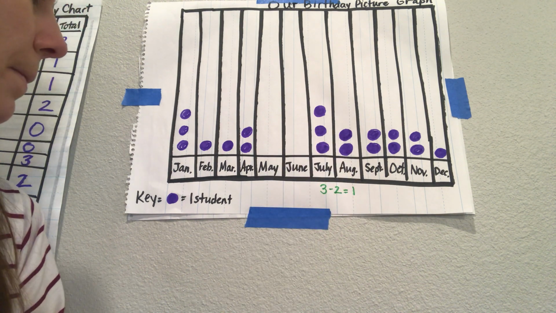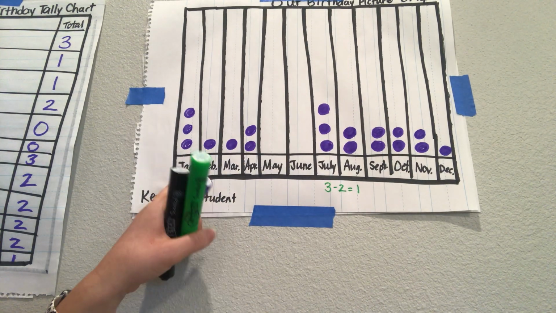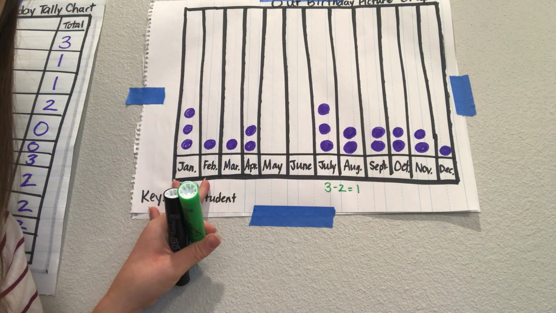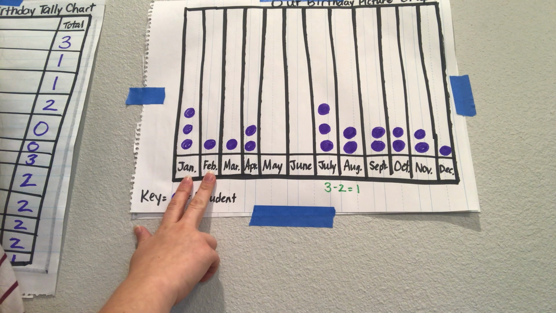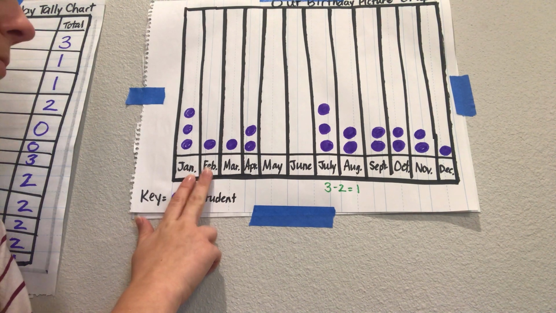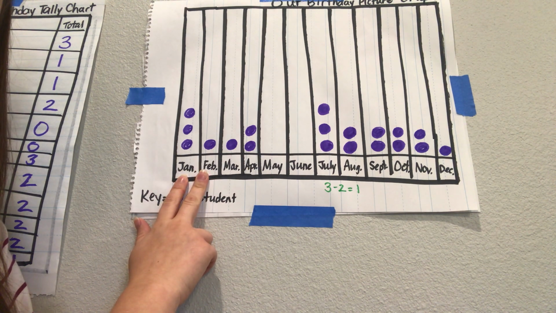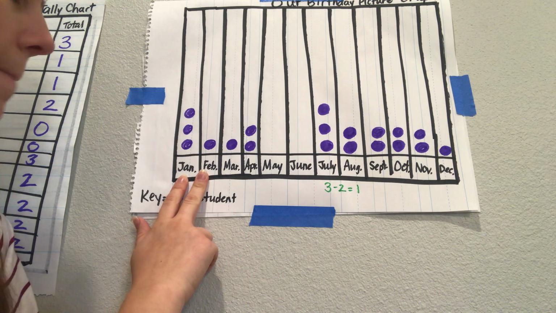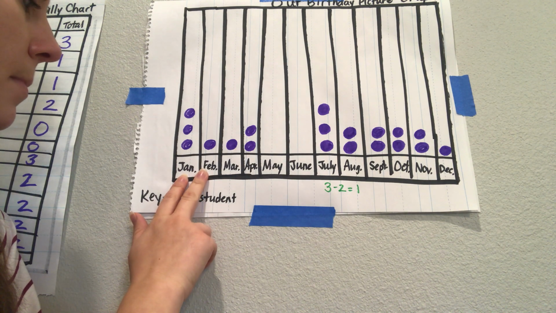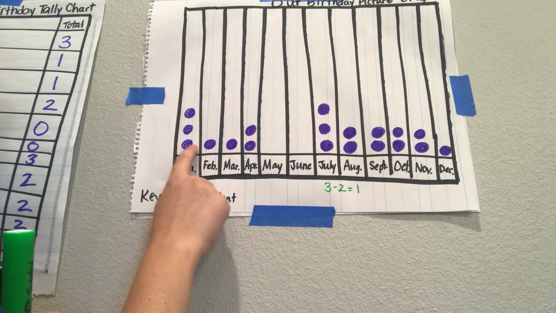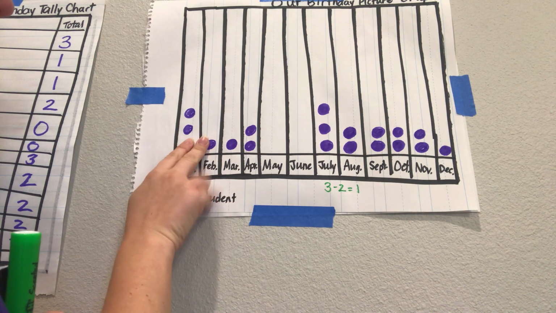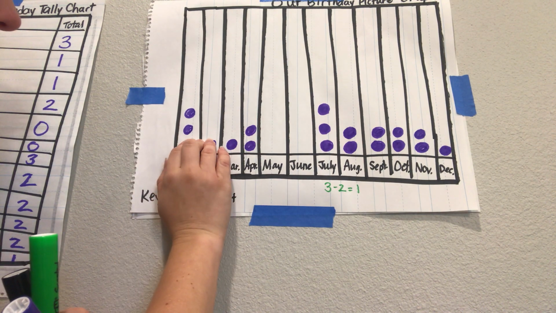Let's do another. How many more birthdays did January have than February? All right, so partner here, but oh look, there are no more partners left.